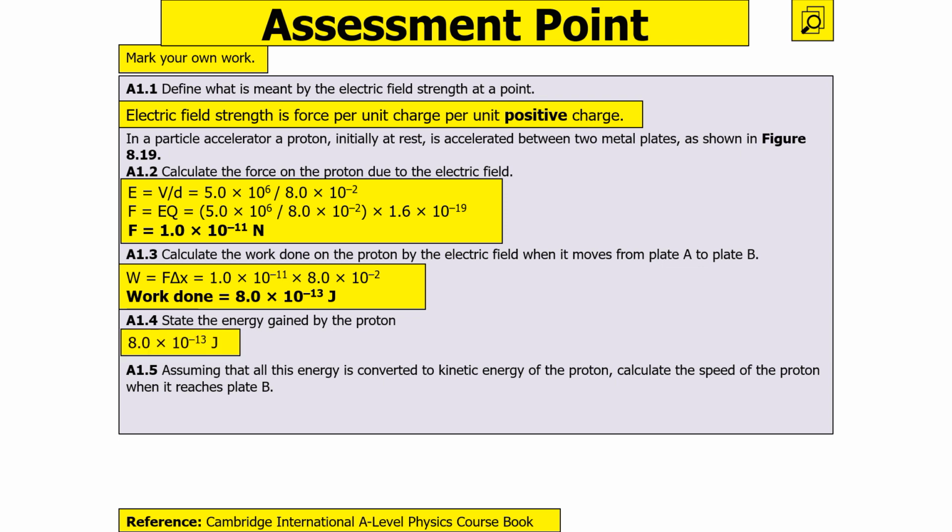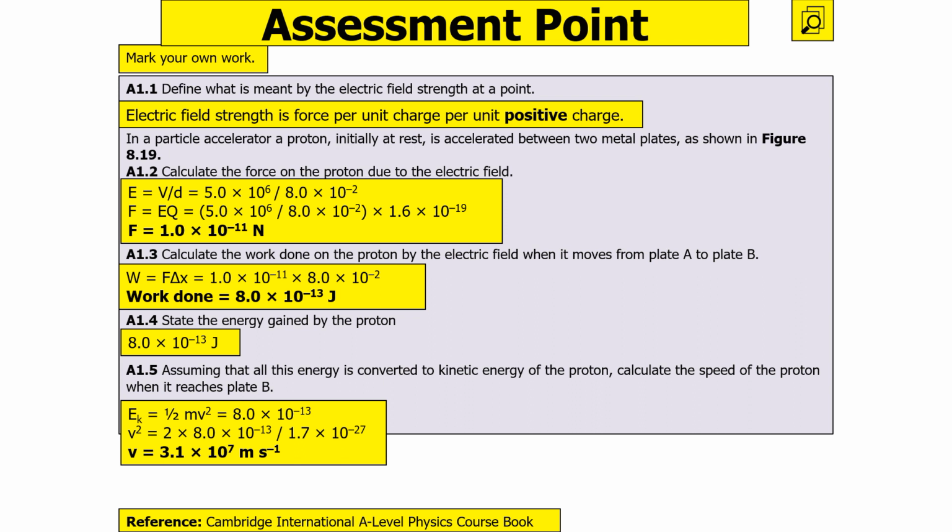That's the work done on the proton, so that's how much energy is gained by the proton, because work done means either energy gained by the object or lost by the object. And then to work out the speed, you can say kinetic energy is a half mv squared. You know the work done is 8 times 10 to the minus 13, which in this instance is the kinetic energy gain. So you can work out v. You know the mass of the proton because it's given to you in the equation sheet. You pop it all through and you get 3.1 times 10 to the 7 meters per second.